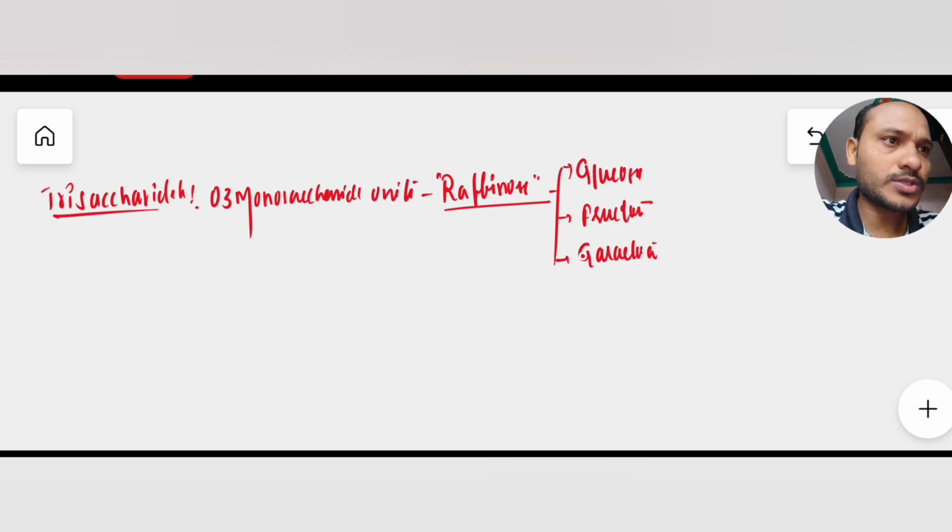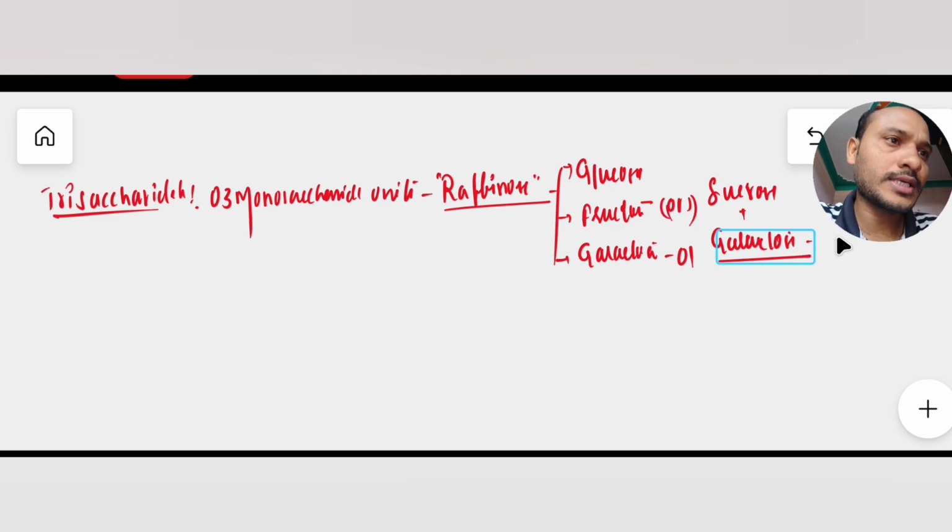These three monosaccharides together form raffinose, a trisaccharide. Here only one molecule of galactose is involved, but glucose and fructose are common. Also we can write that raffinose is formed by glucose and fructose, which together form what? Sucrose, which we just discussed in disaccharides. So also we can write it is formed by sucrose plus galactose.